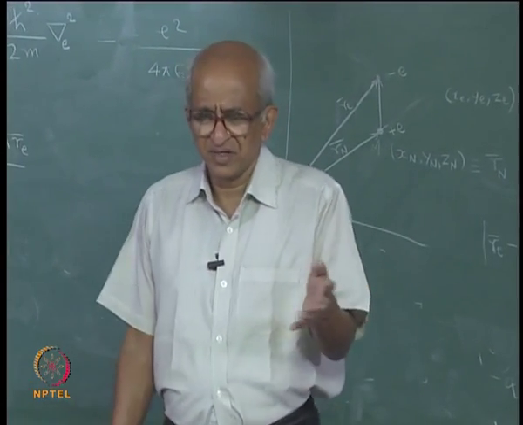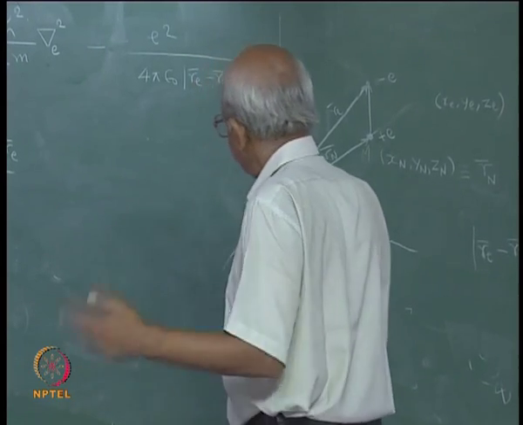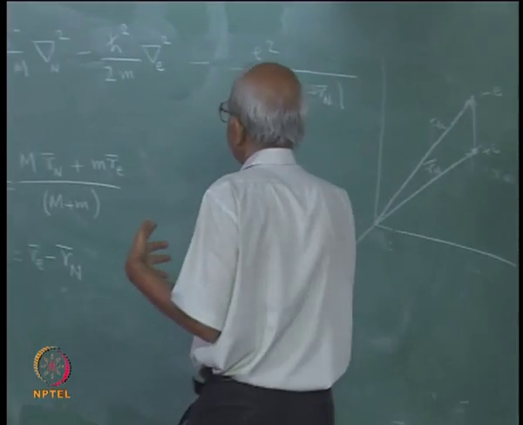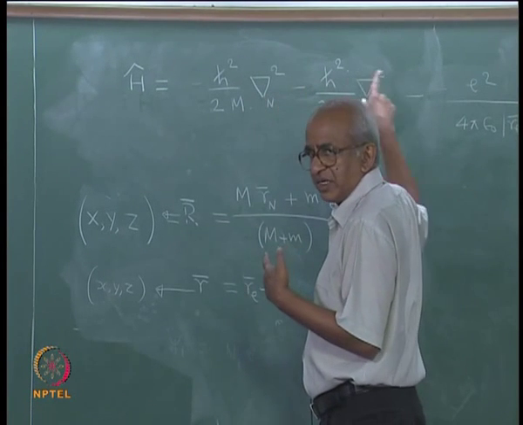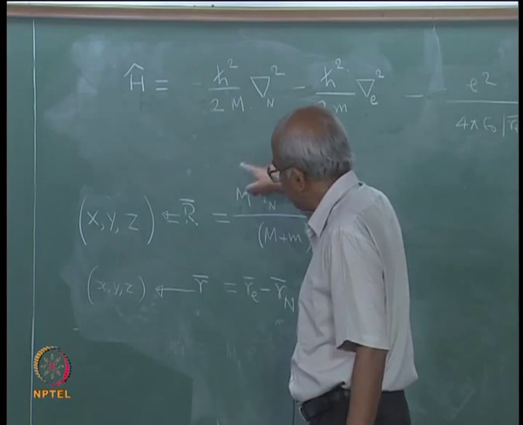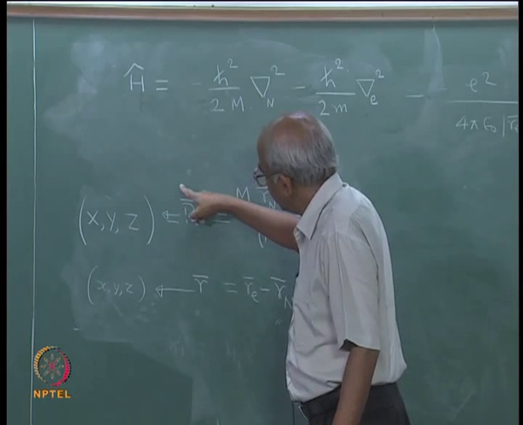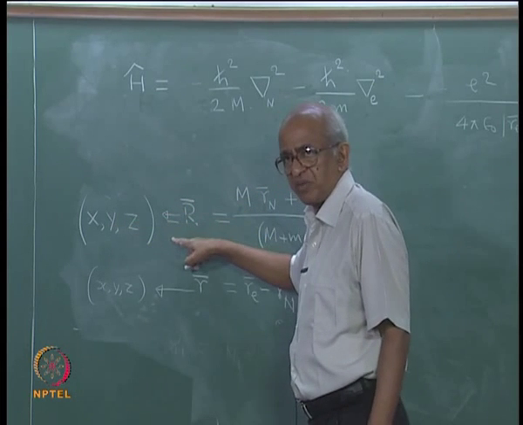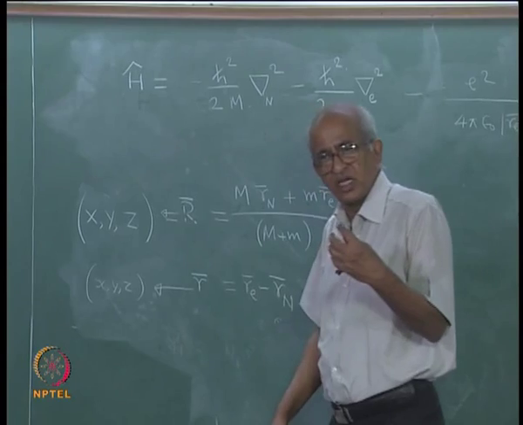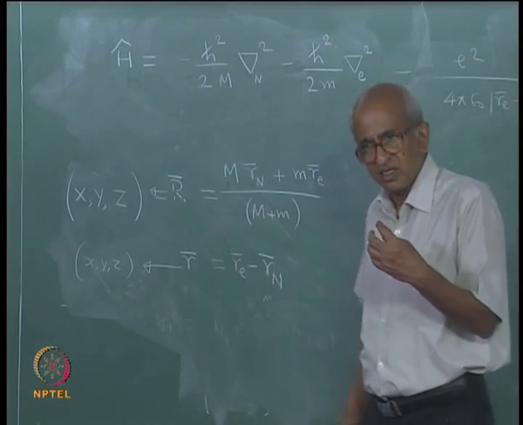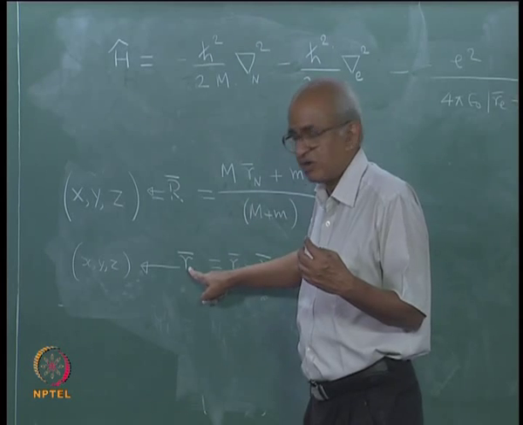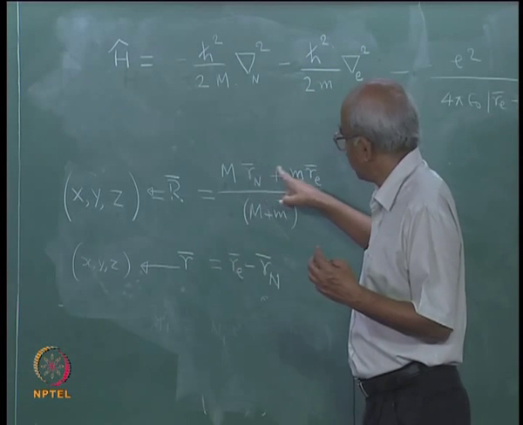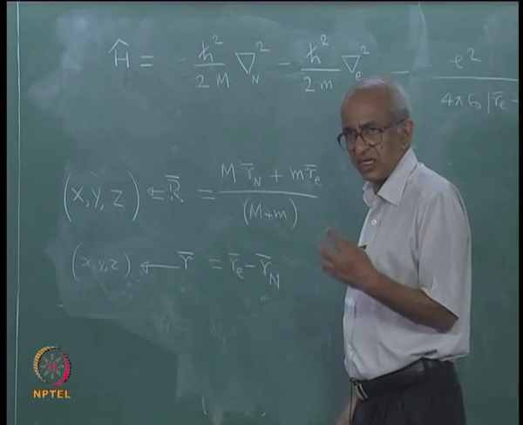Now we have a not very difficult, somewhat easy changeover. Here the differentiation is with respect to nuclear coordinates and electronic coordinates. Differentiations are not with respect to capital X, capital Y or capital Z, but what I want to do is write down the Hamiltonian in terms of capital R and small r. I do not want these Rn and Re, for reasons that I have already told you.